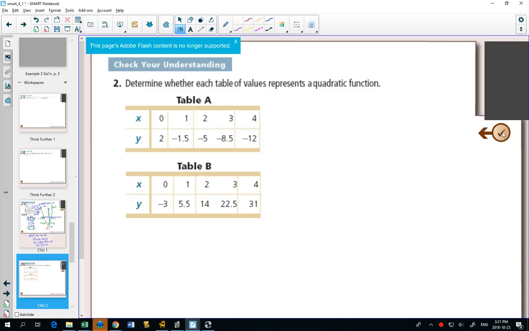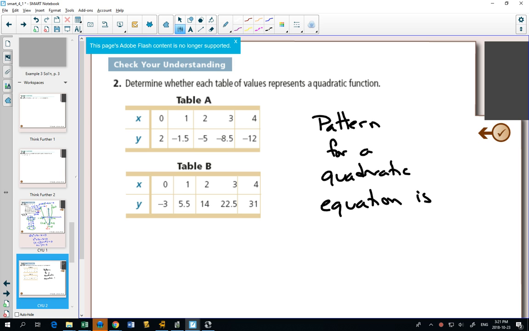The key thing is the pattern: over 1, up 1, over 1, up 3, over 1, up 5. That's the idea.